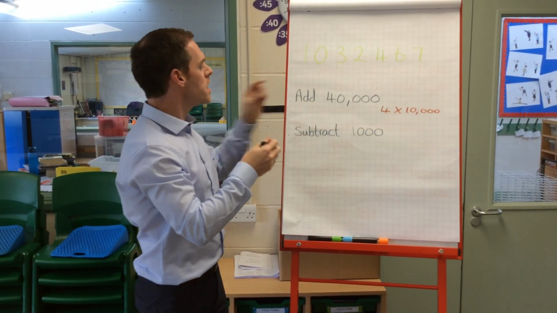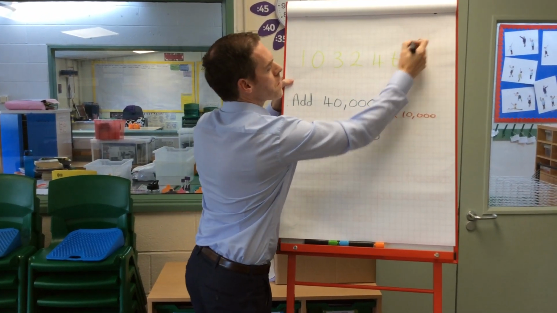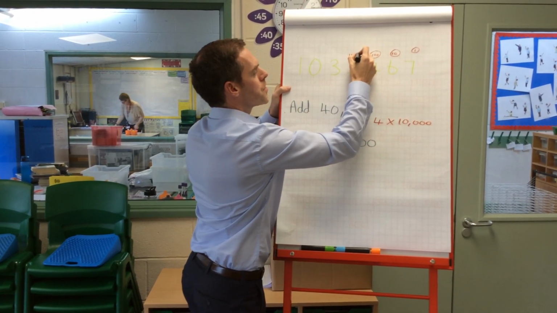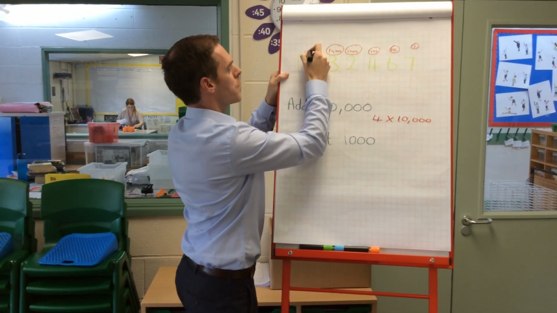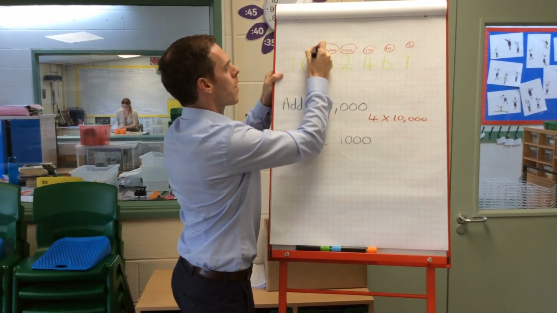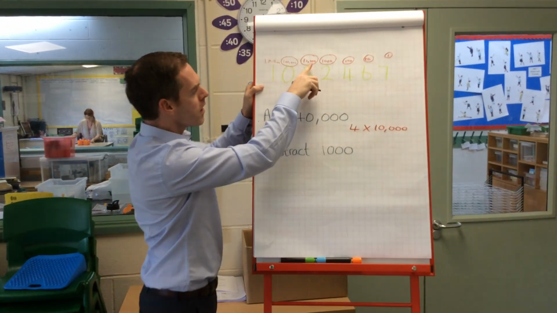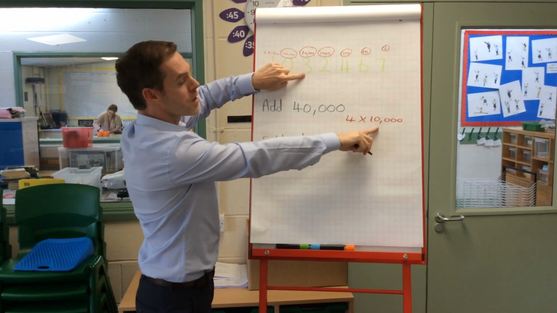So I need to just find my 10,000 column. So let's just look. Ones, tens, hundreds, thousands, 10,000. There's my 10,000s column. This is my 100,000 column. And that's my 1 million column. So I find my 10,000 column. I'm adding 40,000, so 4 more 10,000s.